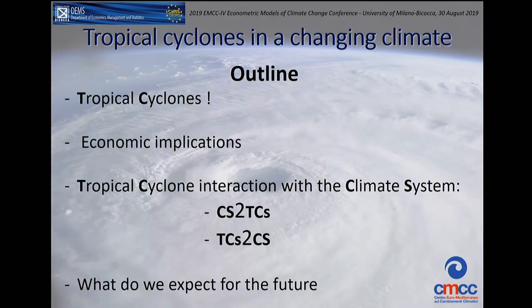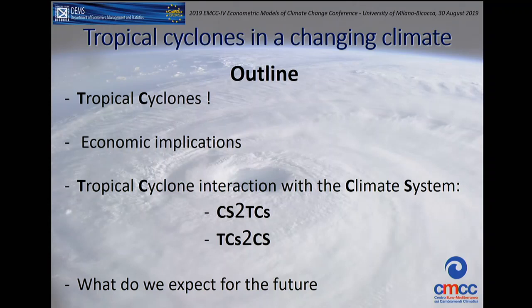So this is the outline. First, a brief introduction on tropical cyclones: what is the process, and just a few pieces of information on the distribution of this kind of atmospheric event across the globe, and then a few words on the economic implications behind them.